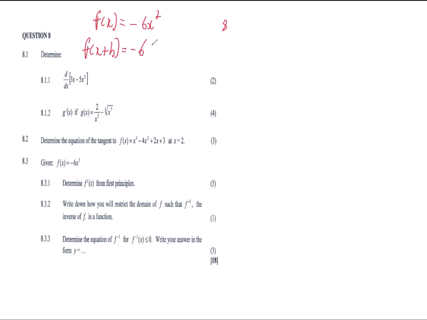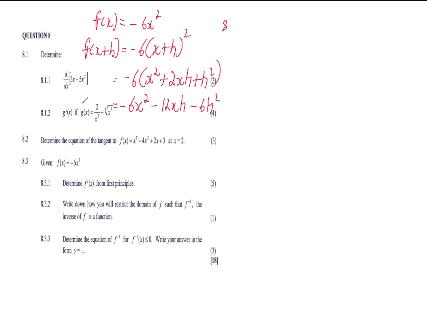It's going to be -6(x plus h) and then square. Then we can continue to expand this one, which always becomes x squared plus 2xh and then plus h squared. Then if you multiply inside by this -6, that's -6x squared minus 12xh minus 6h squared. So this is the whole expression of f of x plus h.